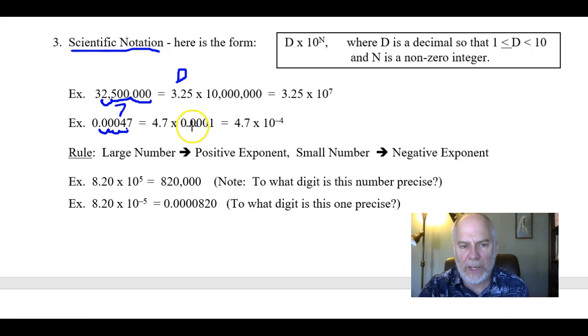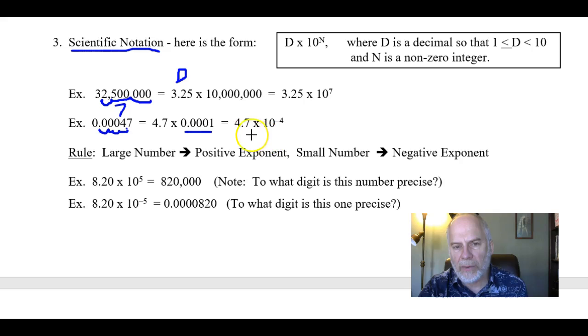You could just count how many spaces. And then the answer is 4.7 times 10 to the negative 4th power, because this decimal here is 10 to the negative 4th power.